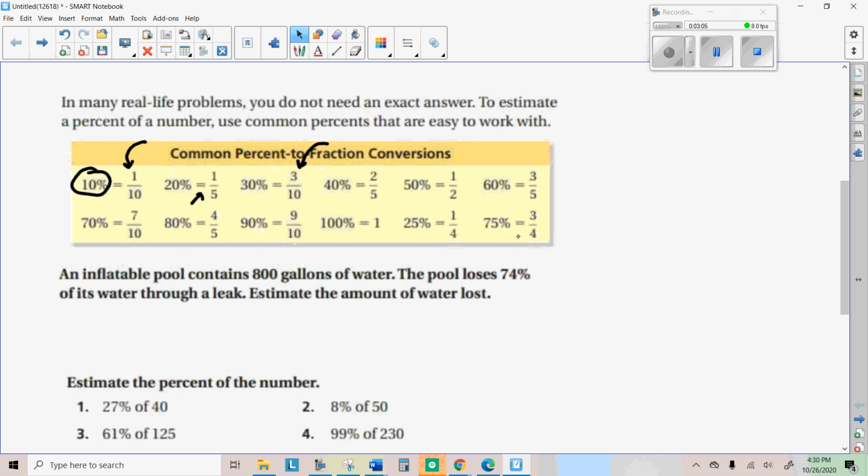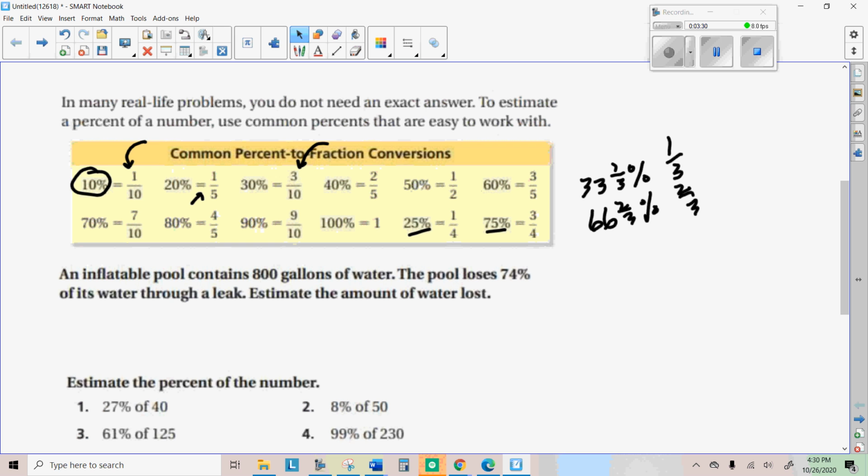Some other common ones are like 75% and 25%. Those are fourths. So you're going to have to divide things by 4 on those. Some people even know these, like 33 and 1/3% is 1/3. And 66 and 2/3 is 2/3 as a fraction. So you have to divide those by 3.